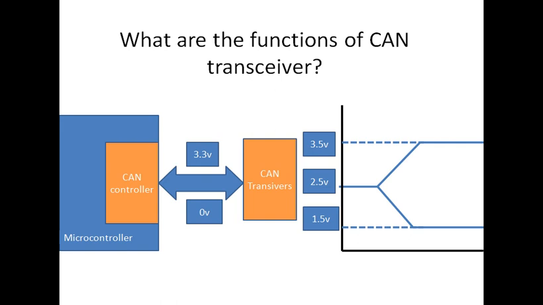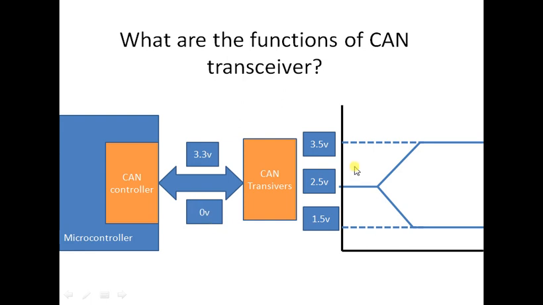So what are the functions of a CAN transceiver? As you can see in this figure, here we have a microcontroller. Within the microcontroller we have a CAN controller, which takes care of the protocol part. The data that goes out of this microcontroller will be TTL logic, so it can be 0 volts or 3.3 volts.